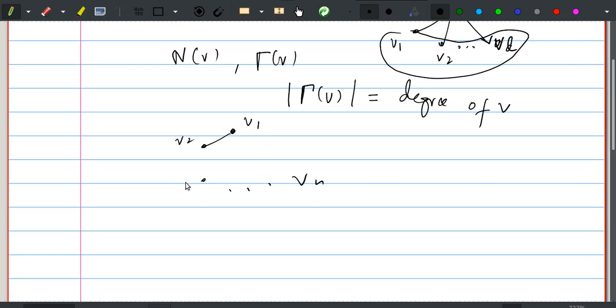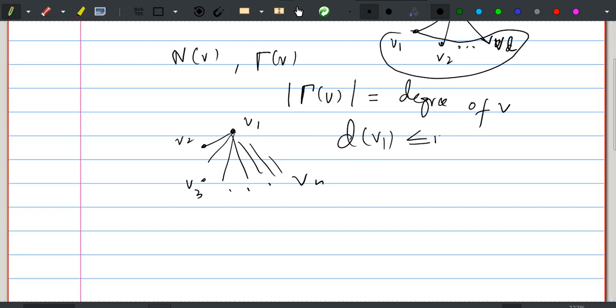So this vertex can be adjacent to all the other vertices, but V1 is not adjacent to V1, because in that case it would be a loop and the graph would not be simple. So the degree of a vertex V1 is at most n minus 1. It cannot be equal to n.